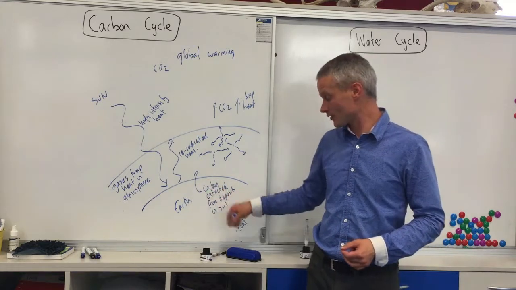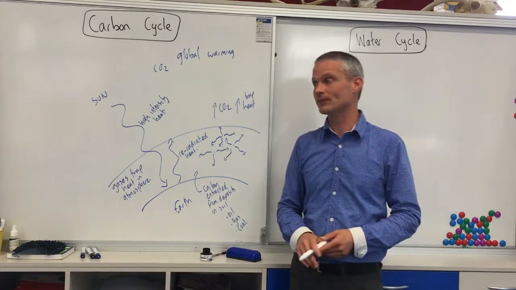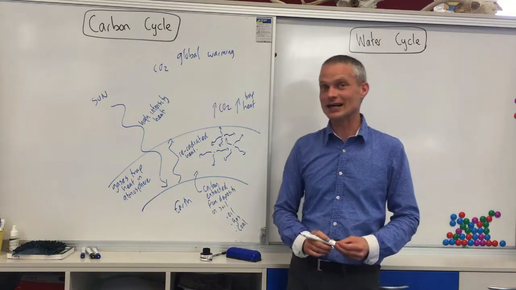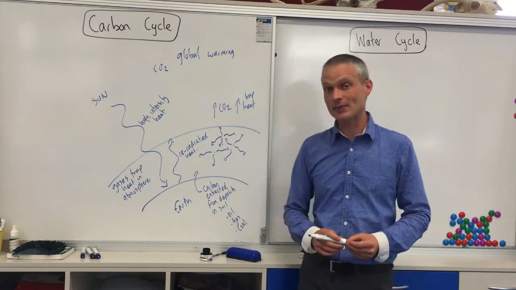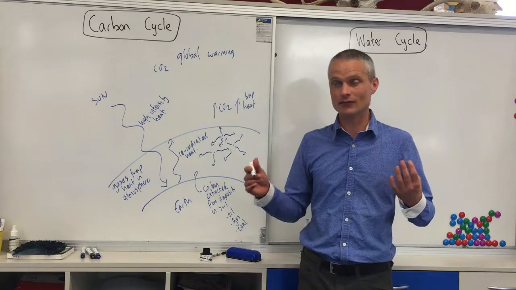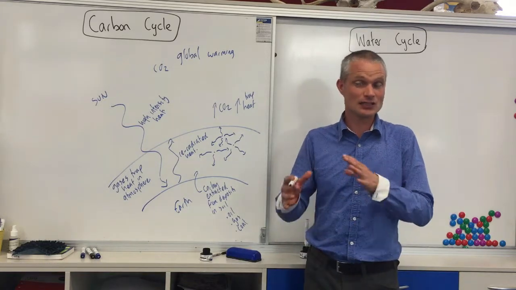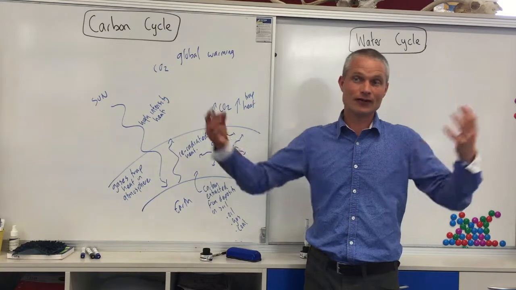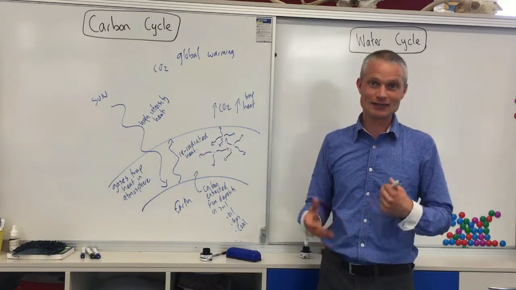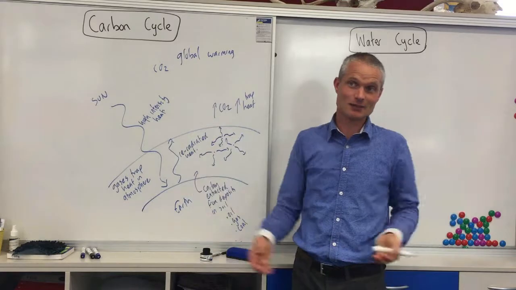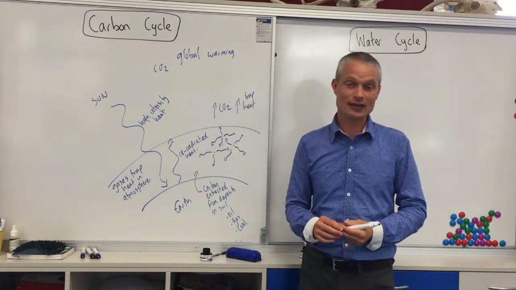A lot of these deposits were largely created in the Carboniferous period. There was a period of Earth's history where there was a great abundance of plants, particularly in swampy areas, and they pumped out a lot of oxygen into the atmosphere, creating all these anomalies like giant insects because there was so much oxygen available in the atmosphere.